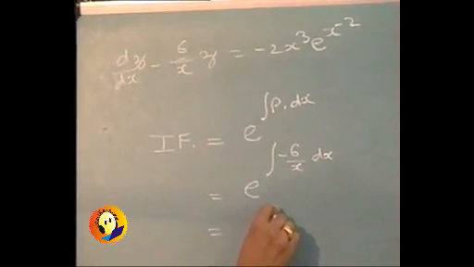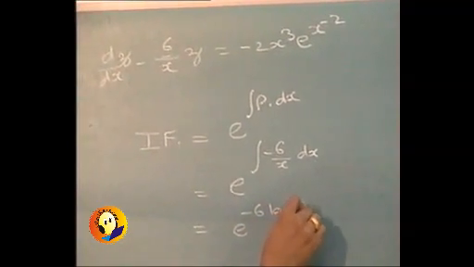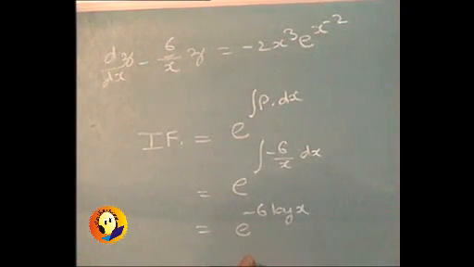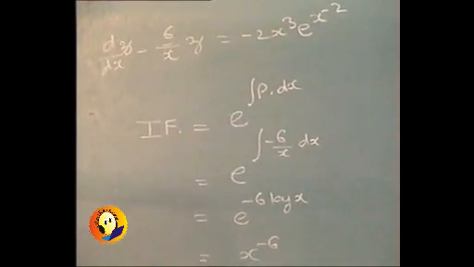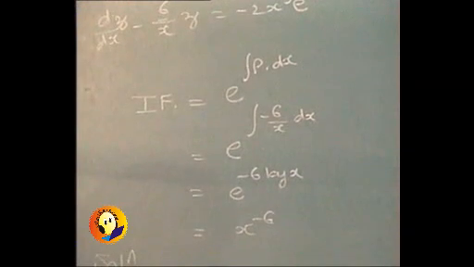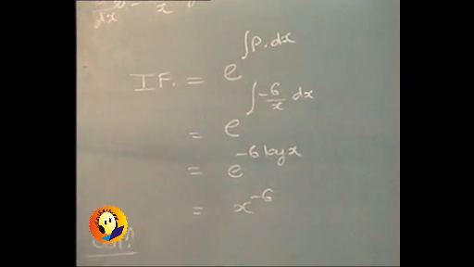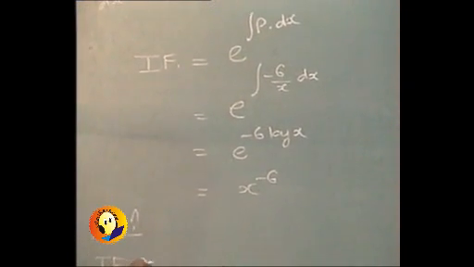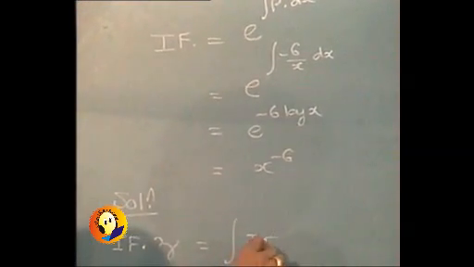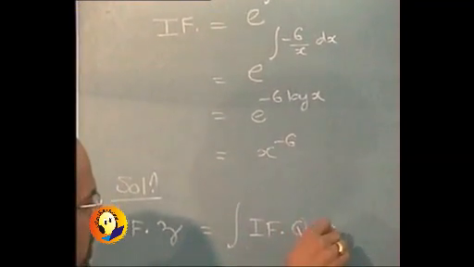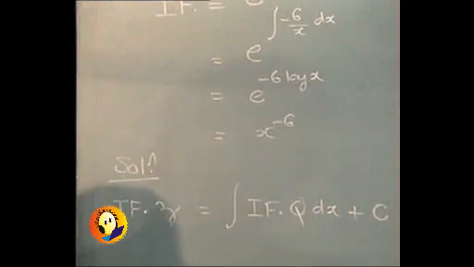which is e raised to minus 6 log x, which will turn out to be x raised to minus 6 as the integrating factor. The solution by formula 1 is IF into z equal to integral IF into q dx plus c.